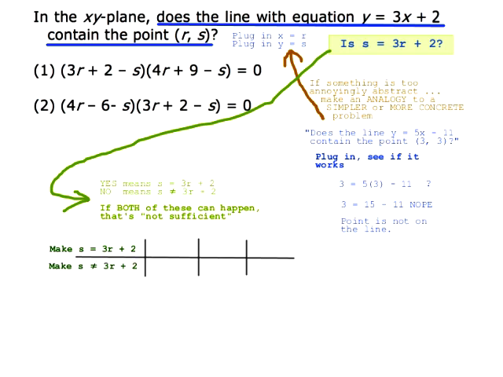Then you make columns for statement 1, statement 2, and then both, if you have to combine them. This is a super awesome way of organizing any yes/no style data sufficiency. We do a lot of these in the videos on yes/no data sufficiencies, so feel free to peruse the archive and check those out. If you get a check mark in both rows of any column, that's not sufficient.